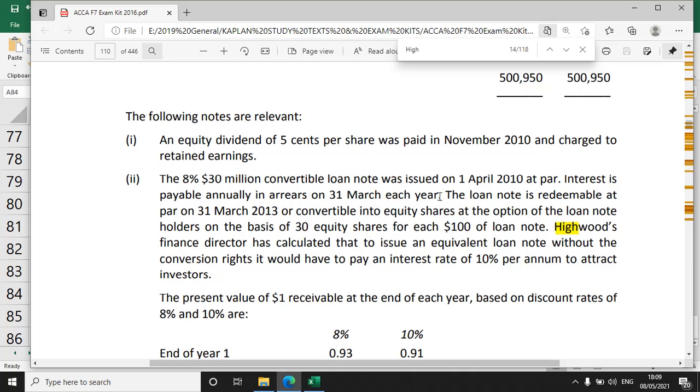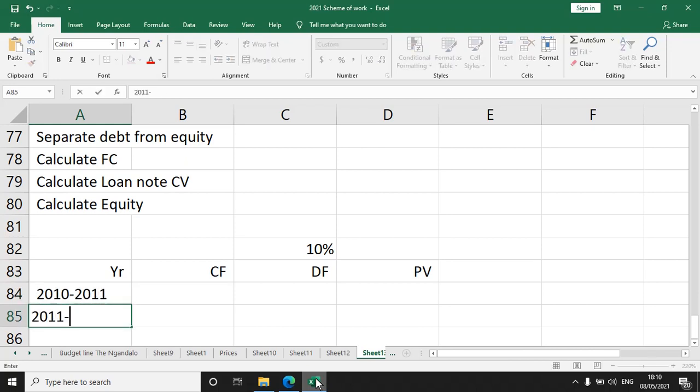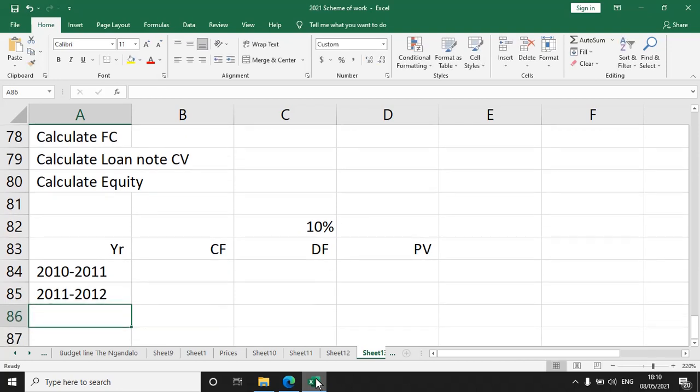So from 2010 to 2013, you've got 3 years. So you write 2010. 2011 is 1 year, 2012 is another year, then 2012 to 2013 is the 3rd year.